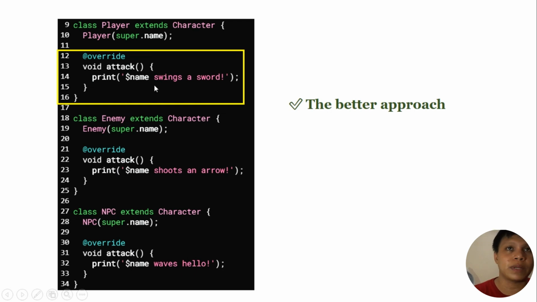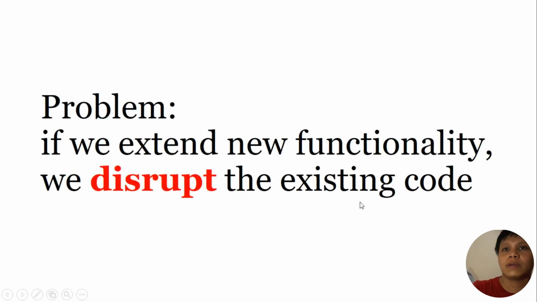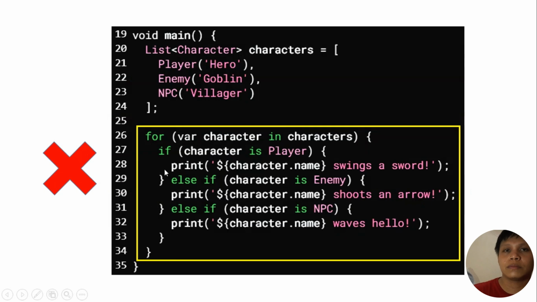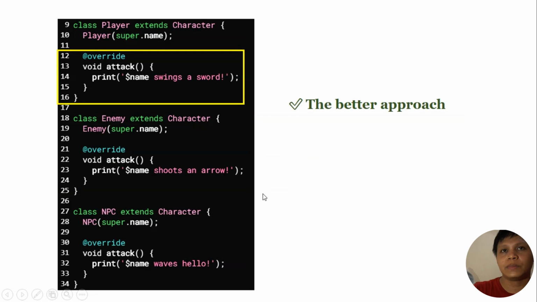We have an attack for the player, we have an attack for enemy, and we have attack method sa NPC. And also notice that for each class, they have their corresponding or sarili nilang implementation. Basically, kung ano yung nasa if-else condition natin kanina sa main, dito, we just transfer them to their respective classes.